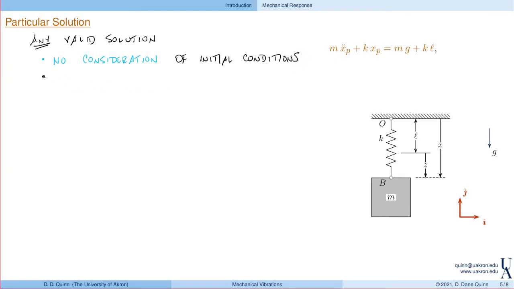And usually we want the simplest solution possible. Simple's always better. Well, almost always.